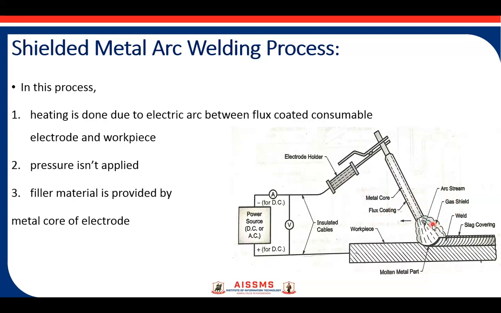This flux coating prevents the dirt particles from mixing with the weld pool, so it is forming the slag covering. Remaining working is same as that of electric arc welding. Here also we don't require any pressure. Here the electrode itself will be acting as a filler material.